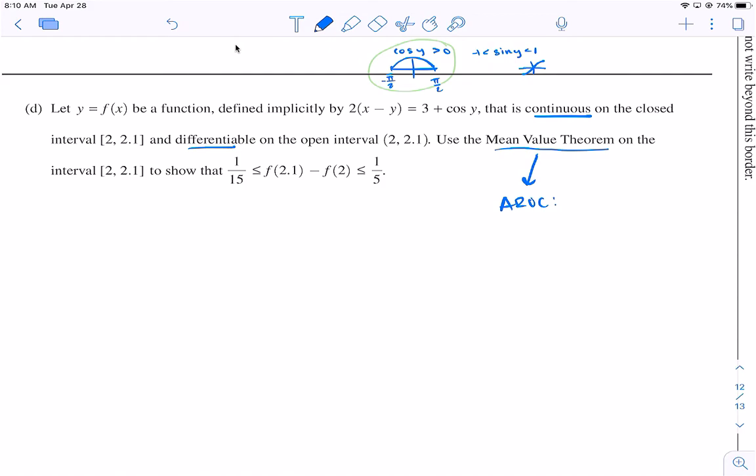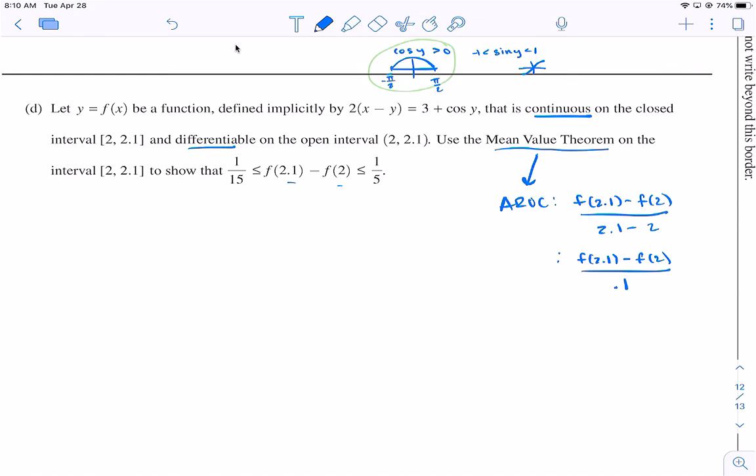Since the interval is 2 to 2.1, I'm going to do f at 2.1 minus f at 2 all over 2.1 minus 2. We don't actually have to find f at 2.1 because they're leaving it like that. So I'm just going to say f at 2.1 minus f at 2 divided by 2.1 minus 2, which is divided by 0.1. So there's our average rate of change.